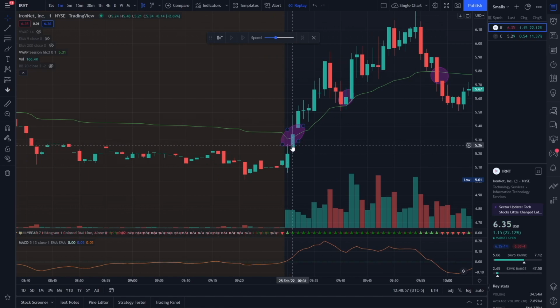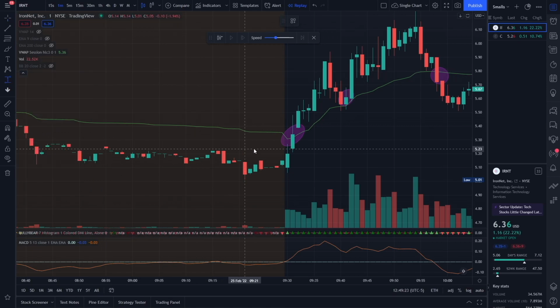This next candle right here, still a good amount of volume, 160,000, and it pierces through and comes back down a little. And we always want to try to take the play of a breakthrough of VWAP, because the worst case scenario is you stop out for 3%, and the best case scenario, you get a huge move to the upside.